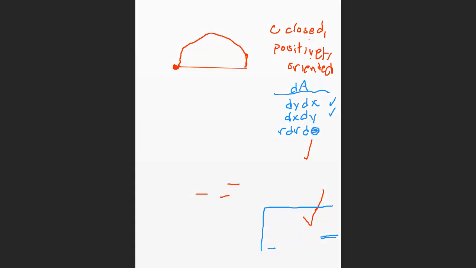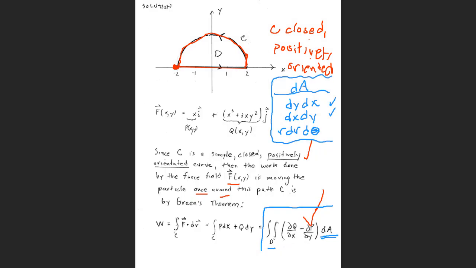Based on this region D, what do you think might be best to use, rectangular coordinates or polar coordinates? What might be the best choice?